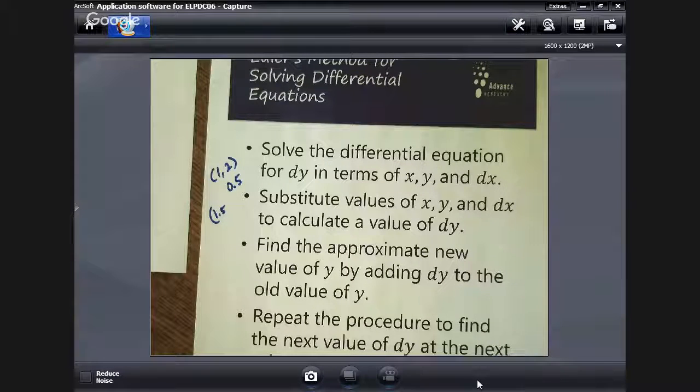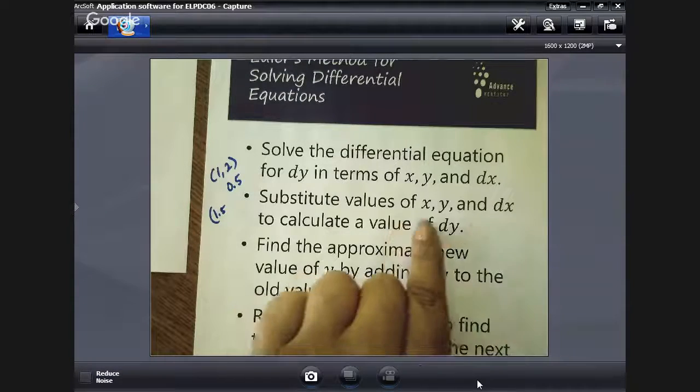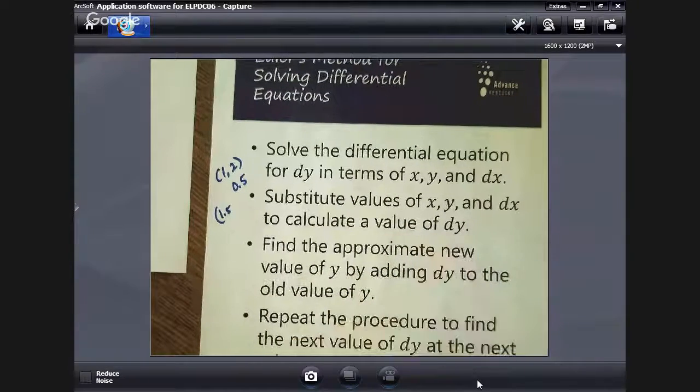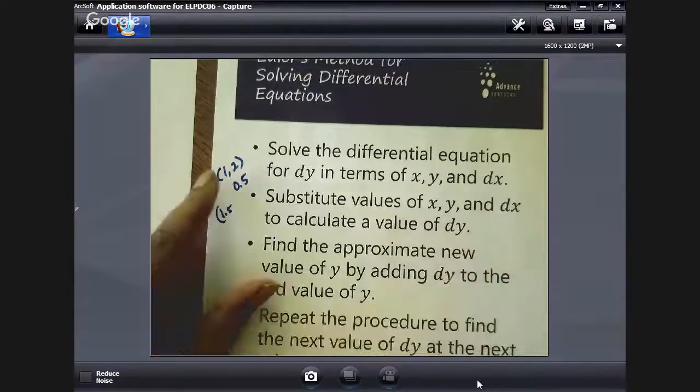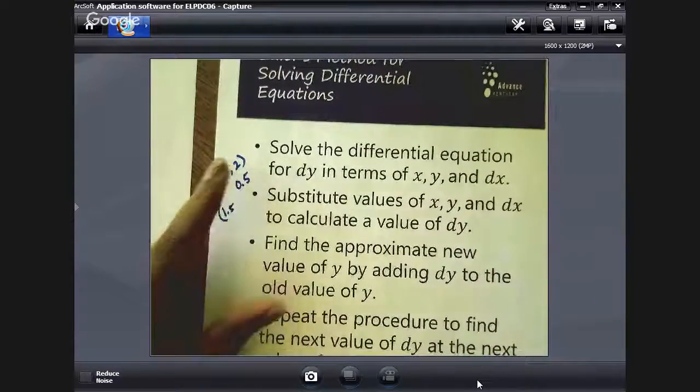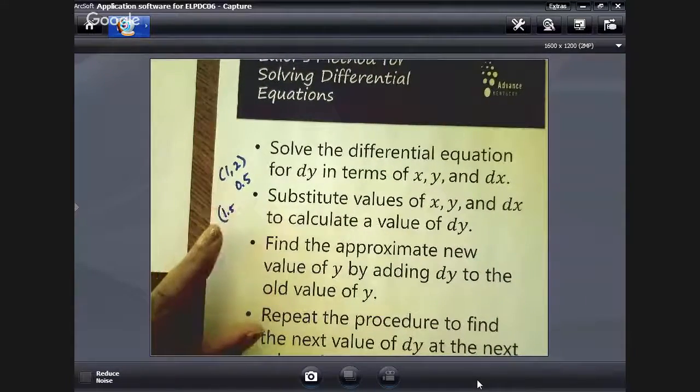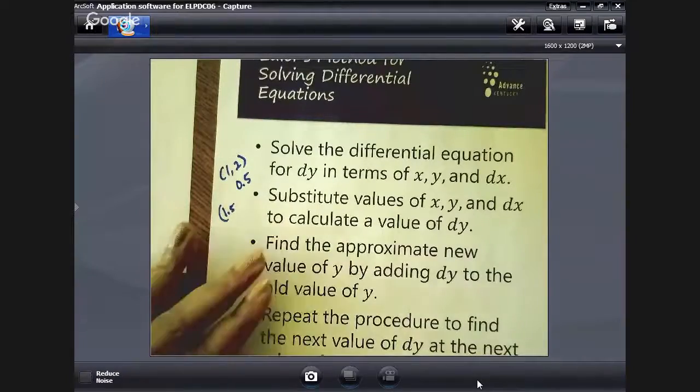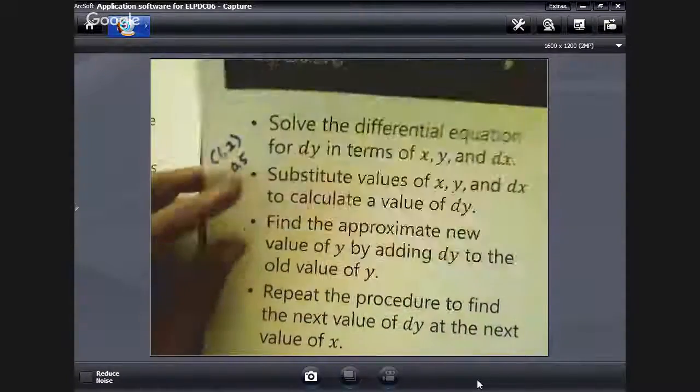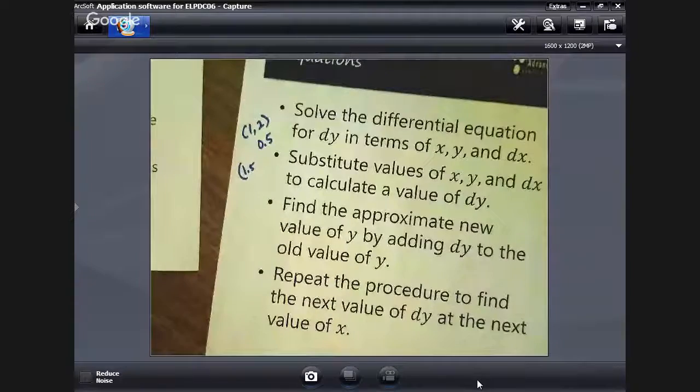So in order to find dy, you have to have an expression for dy/dx, substitute those values in to get that new dy, and then add it to the previous value of y to get the y value that goes with this next x value, and then you keep going until you get the y for the value of x you're looking for.